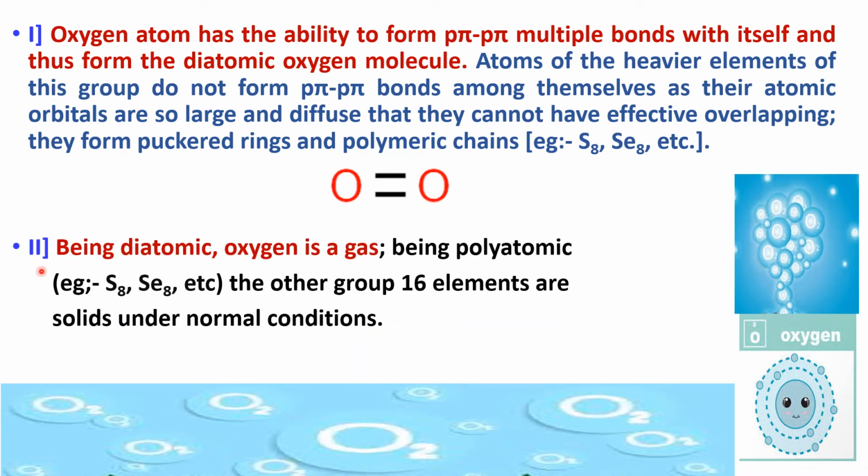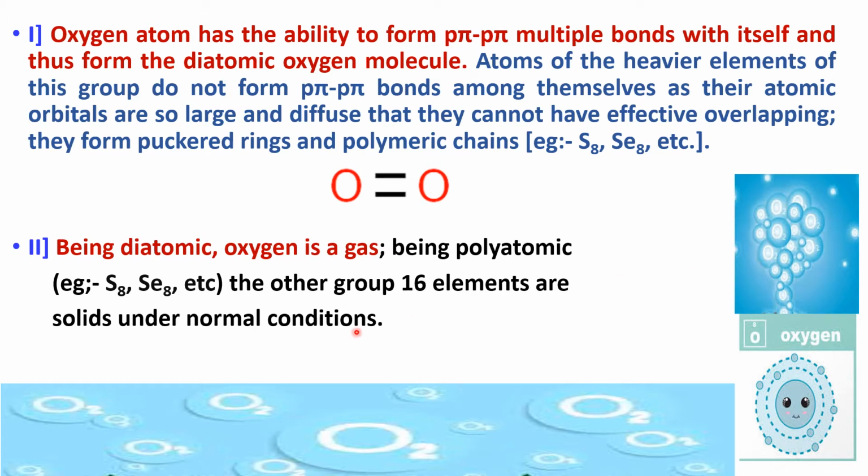Being diatomic, oxygen is a gas. Being polyatomic, the other group 16 elements are solids under normal conditions. So oxygen can form multiple bonds such as pi bonds.